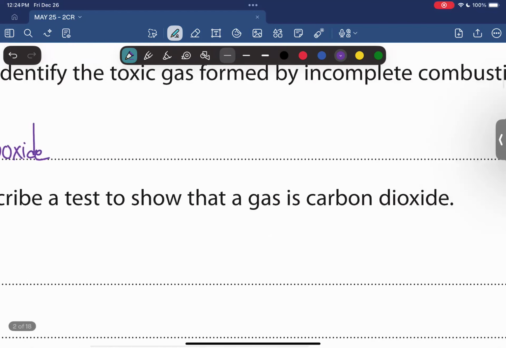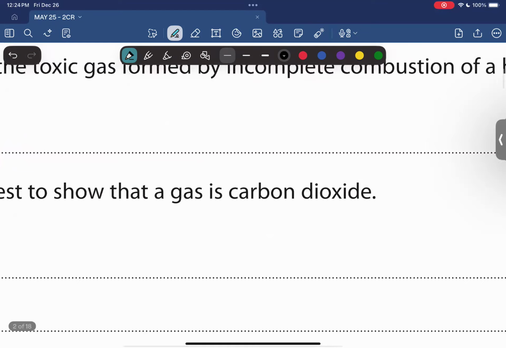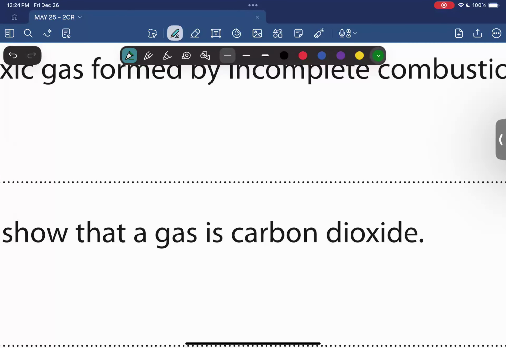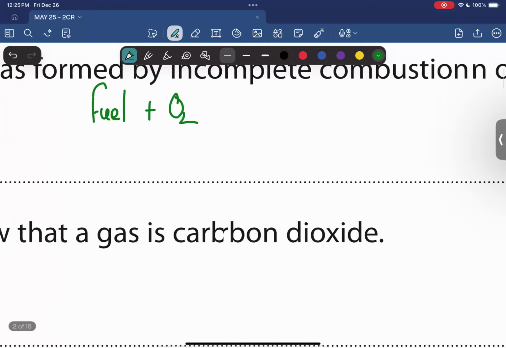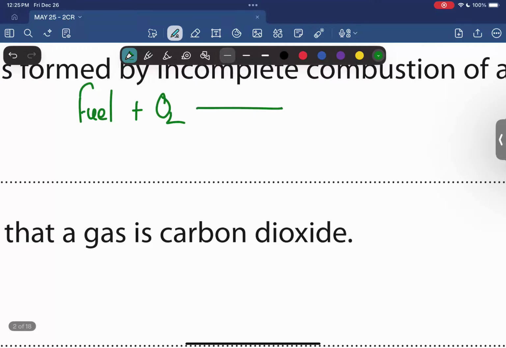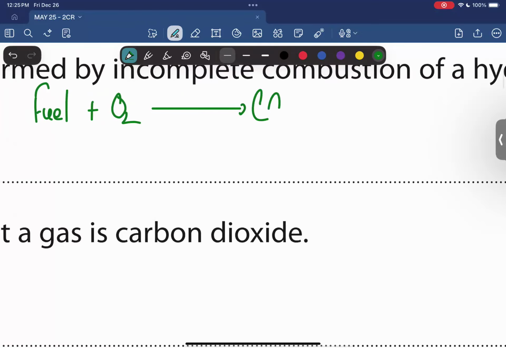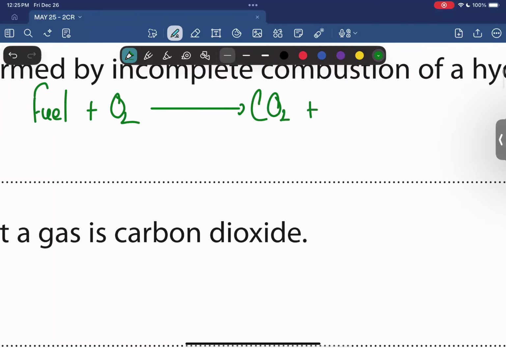Now to clarify, we need to have a fuel or a hydrocarbon when they burn in oxygen. Fuel plus sufficient oxygen, when they burn together, produce carbon dioxide and water, and obviously heat.